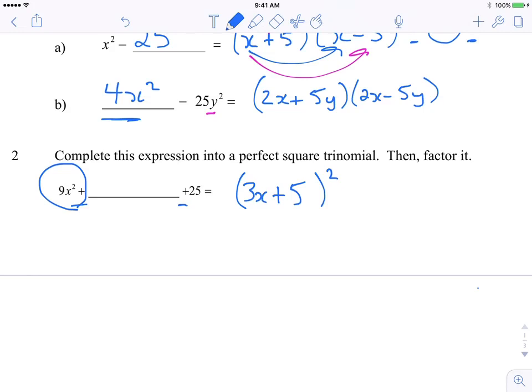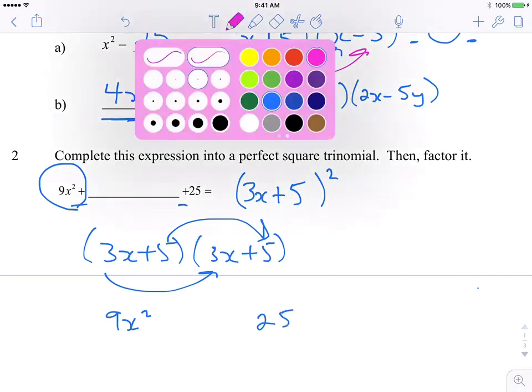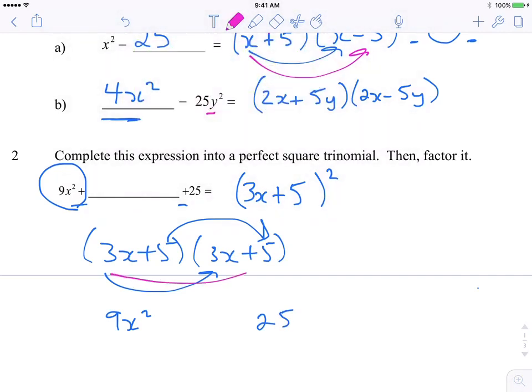But let's just double check that that's true. So 3x plus 5 times 3x plus 5. Now the first, 3x times 3x, is indeed 9x squared. We know the last, 5 times 5, is going to give us 25. But what's going to happen in the middle? We're going to have 3x times a positive 5, which is positive 15x.